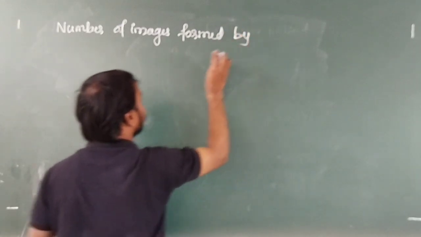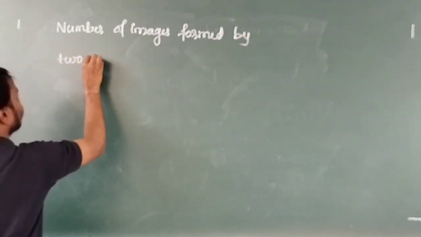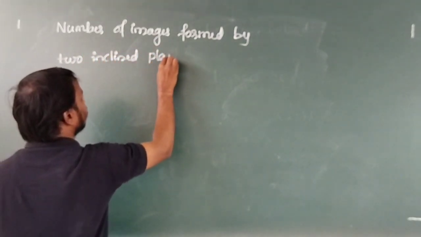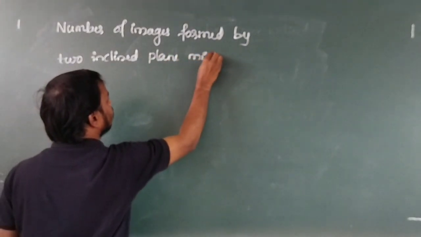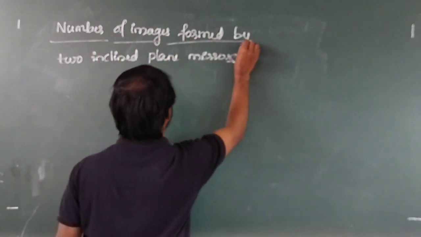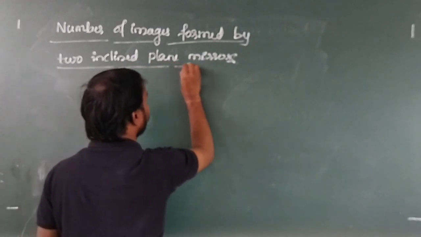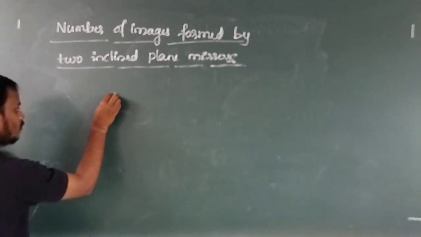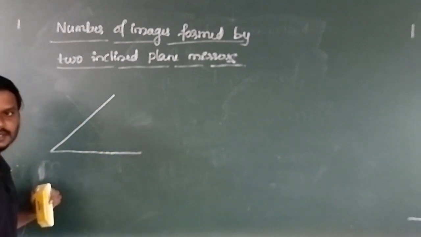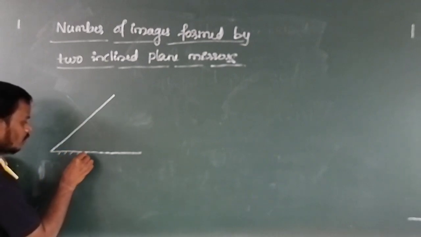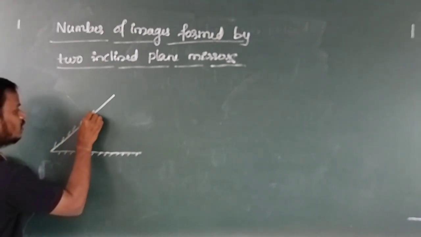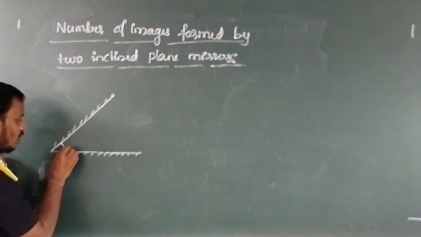So let us consider there are two inclined plane mirrors. These two mirrors are inclined to each other with an angle theta. This is an angle theta.